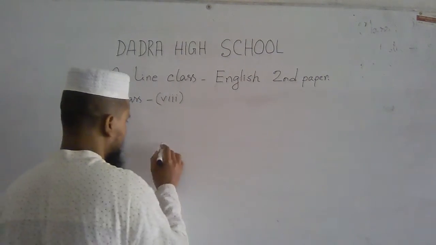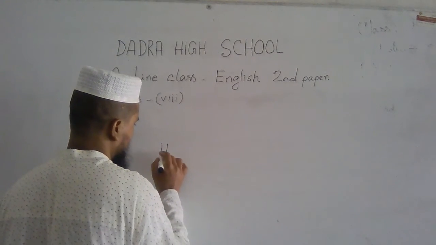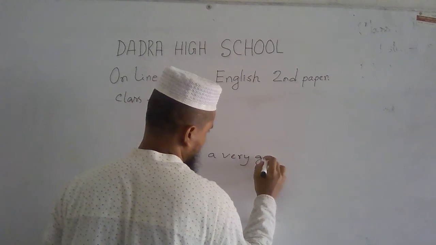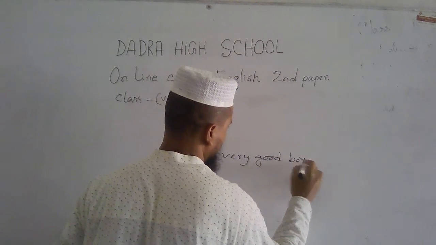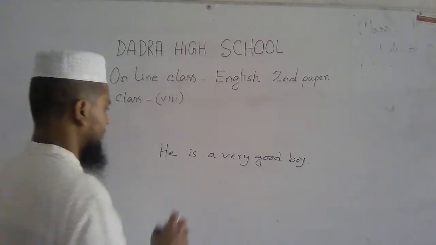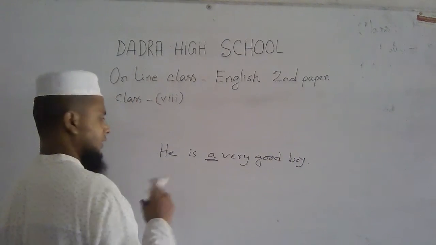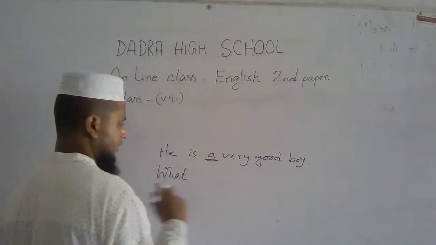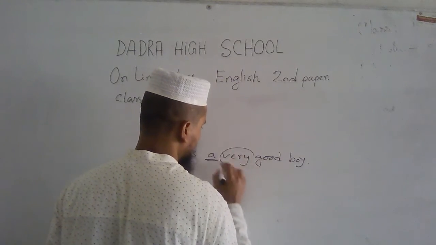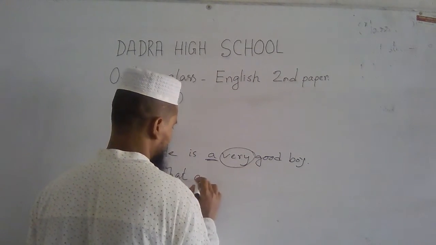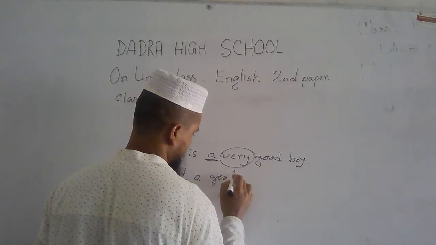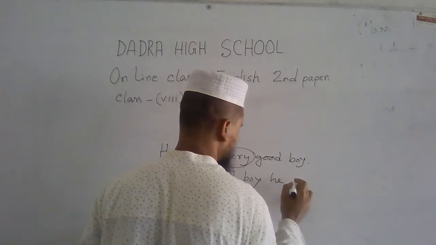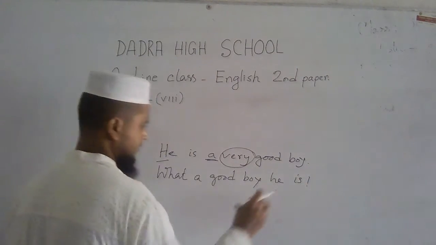This is a simple and short sentence. He is a very good boy. There is an article A, and in that case to make it exclamatory, you will take what, then you will give very or great, a good boy, then subject, he, then verb is, and the exclamation.